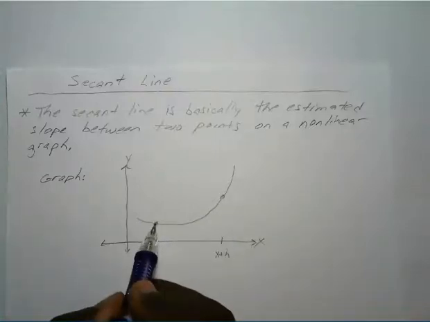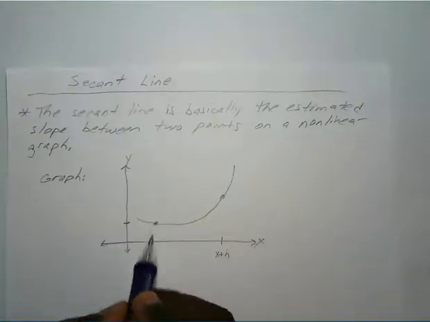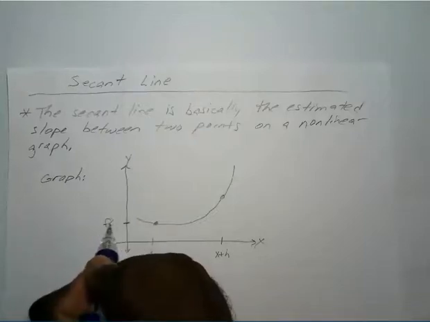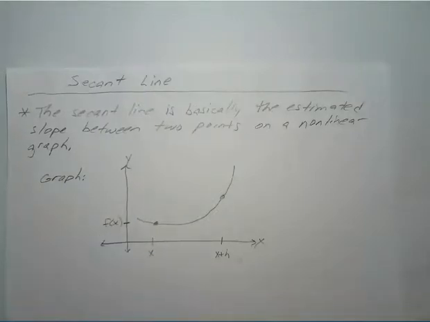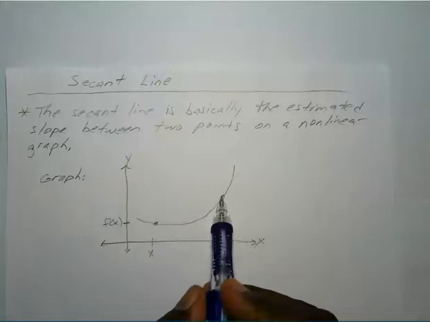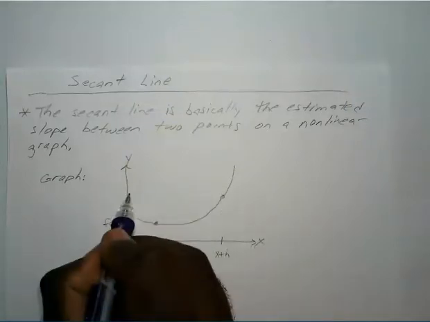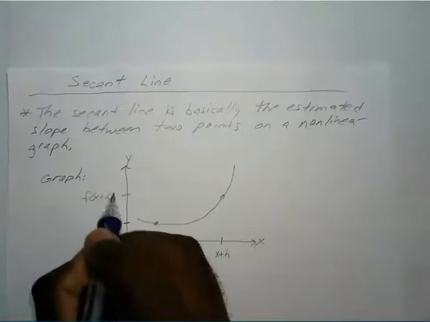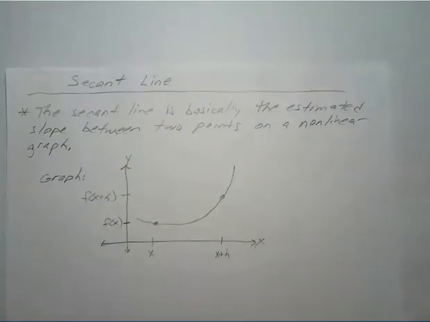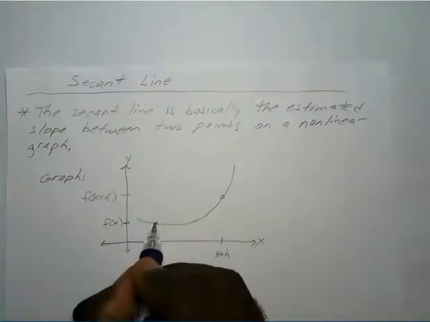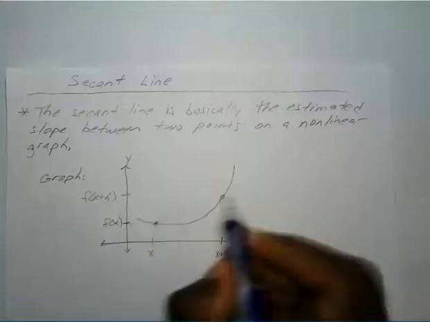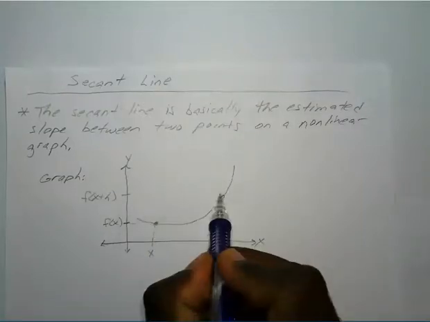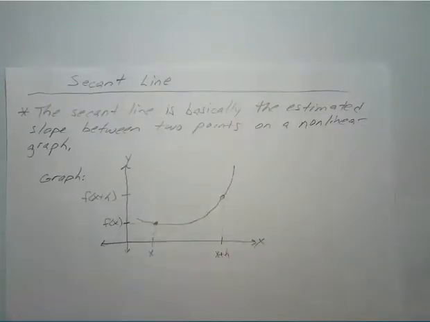Normally this would be your ordered pair X, Y. But instead, this is your X, and that point is your f of X. Since this is your X plus H, this would be your f of X plus H. So we have those two points on the graph.